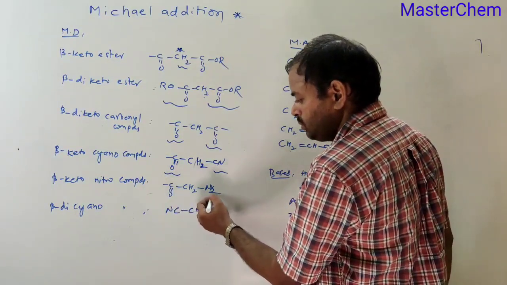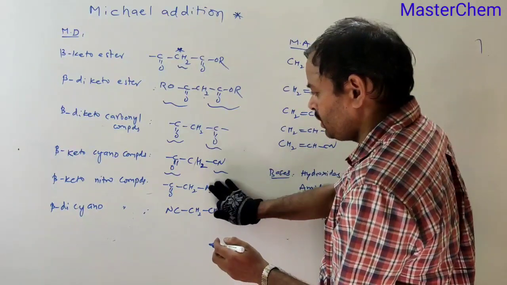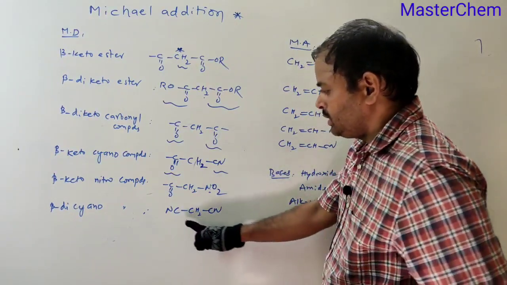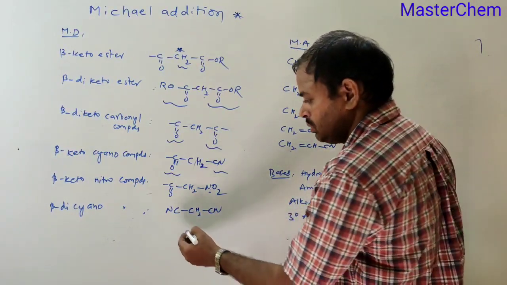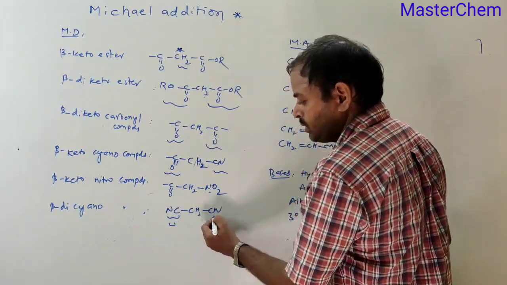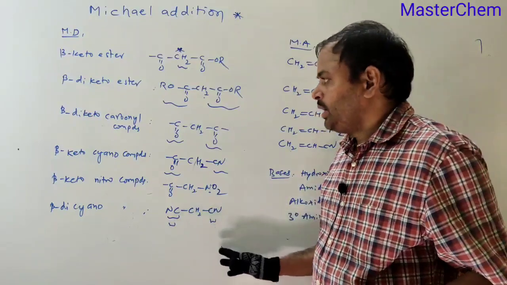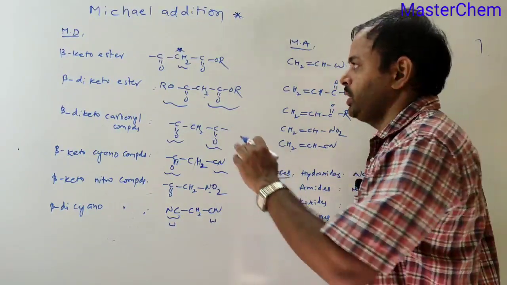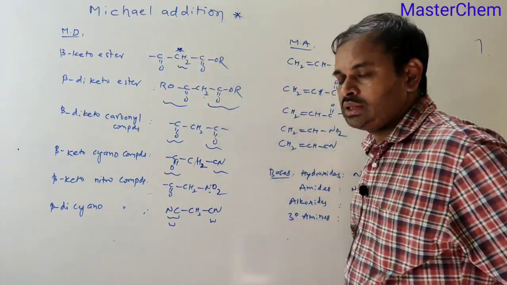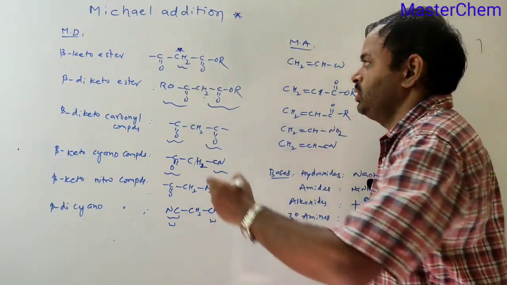Here both are withdrawing groups, NO2 nitro compound. Next, here both are cyano compounds, so both are electron withdrawing groups. So CH2 between electron withdrawing groups is most active. So it is said to be an active methylene compound.